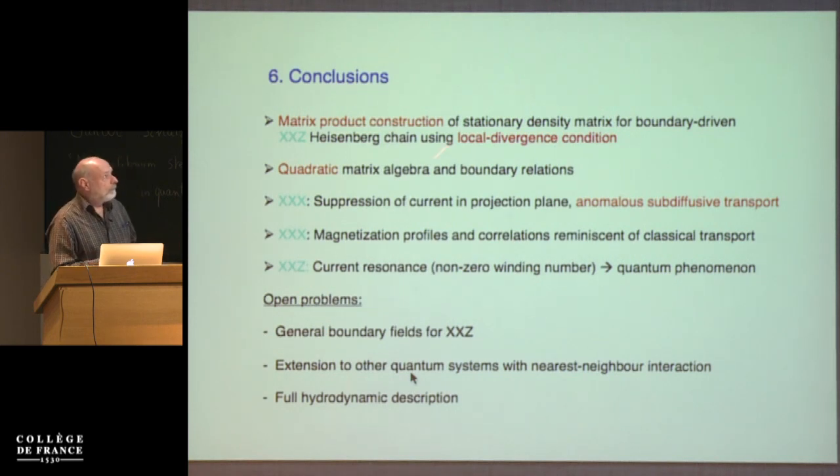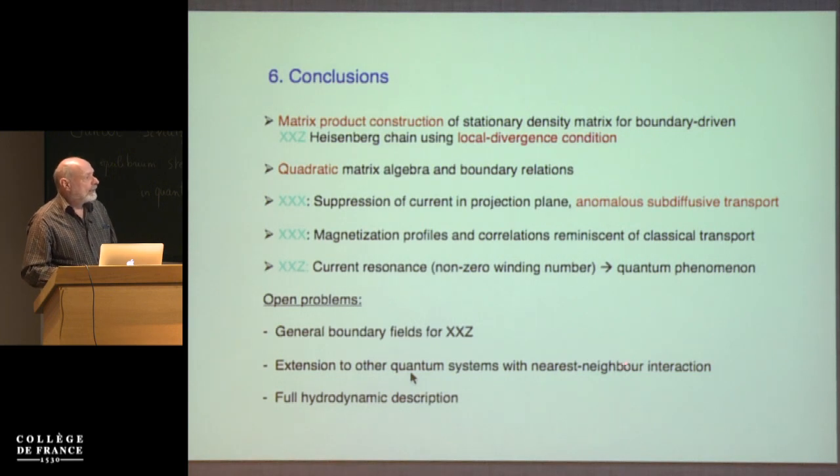Well, these are the results, but of course there are many open problems. One is this result for XXZ. The exact result was for a very specific choice of delta and boundary twists. So it would be nice to know the most general boundary twist that we can do for the XXZ chain and still solve the problem. This has not been worked out yet. Maybe it cannot be more general. We simply don't know.